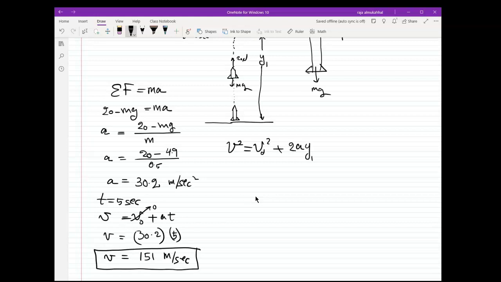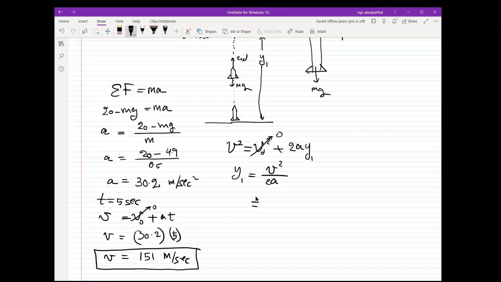And the initial velocity is 0. I'm solving for y1, so that's going to be v squared over 2a. And I have everything. In this case, I'm ignoring the minus sign, because there is a minus sign on the y.